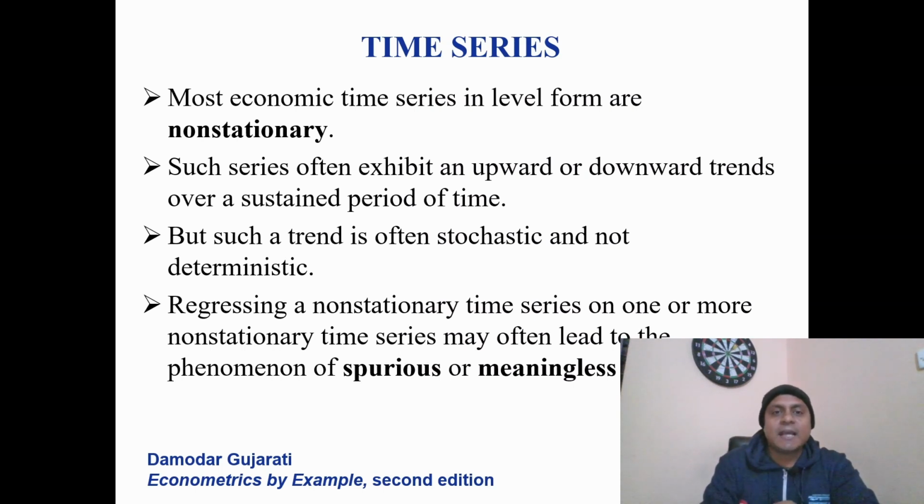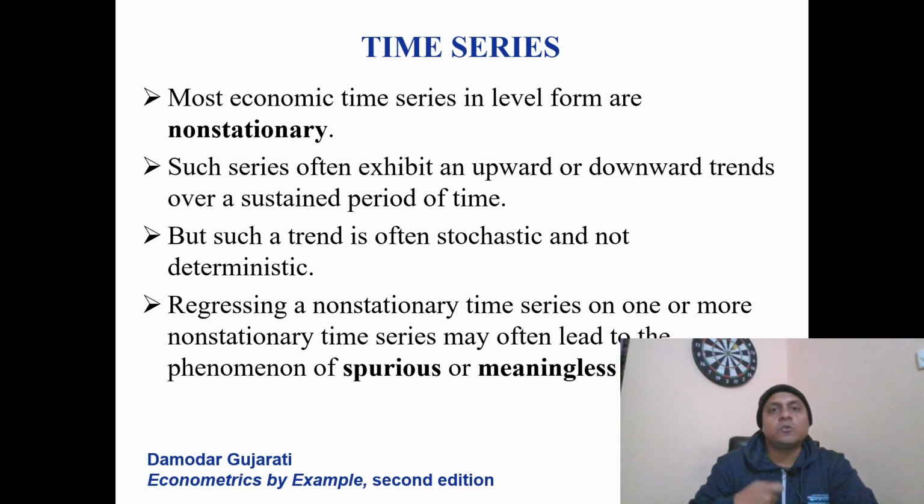Such series exhibit upward or downward trends over a sustained period of time. That is the main difference between stationary and non-stationary. My dear learners, if a trend exists, our analysis will give us a misleading result. So to avoid that, we need to remove the trend and make the series a stationary one.